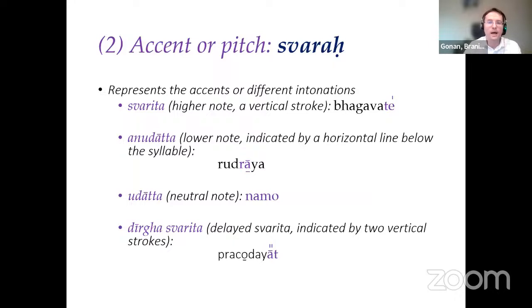Okay. Now, this is regarding the varna, the sounds, the letters. And now we are going to explore the accent or pitch, svara. So svara represents different intonations of those sounds, right? So we have svarita. Svarita is the higher note, which is actually represented by a vertical stroke.